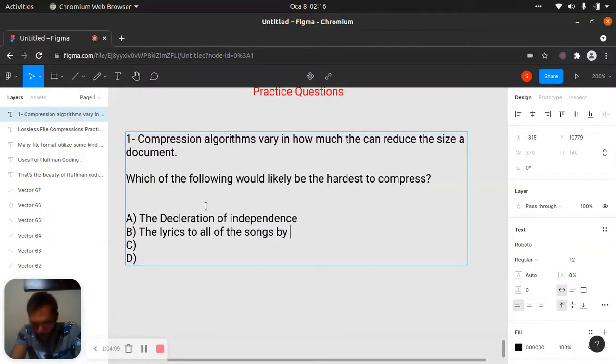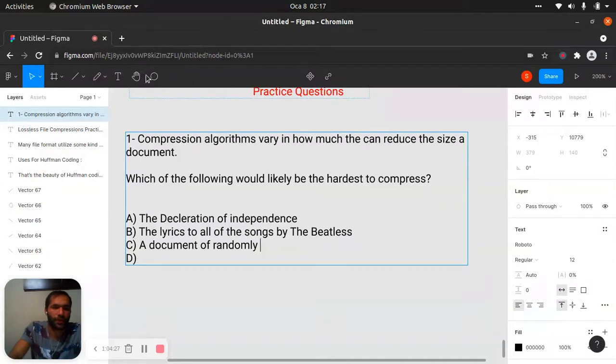Then one will be a document of randomly generated letters.